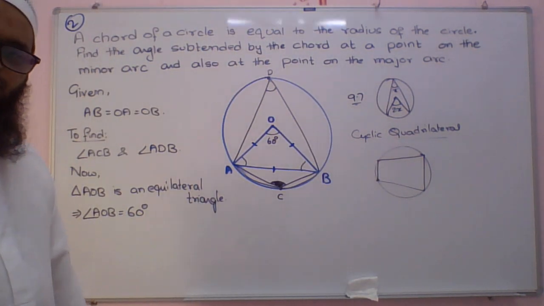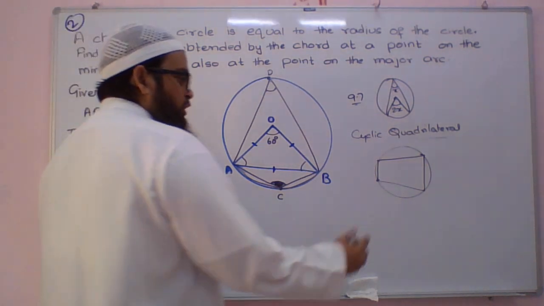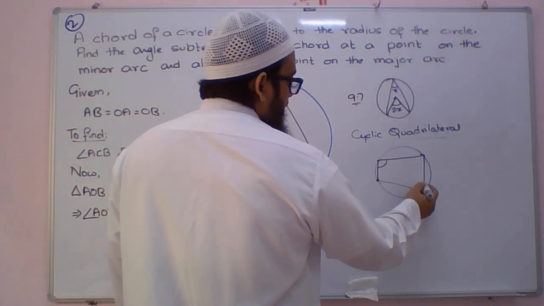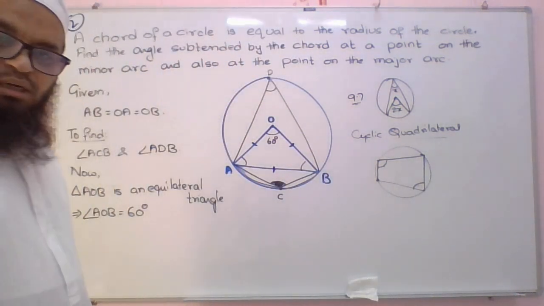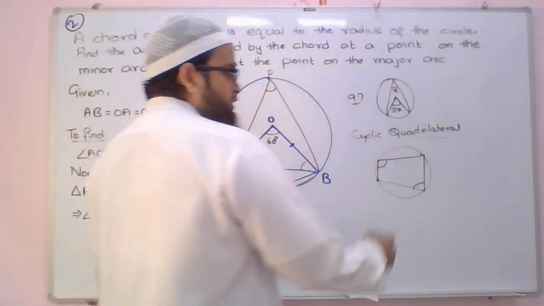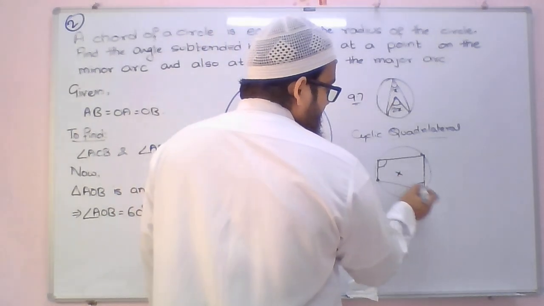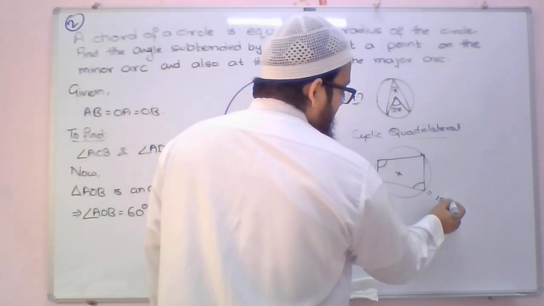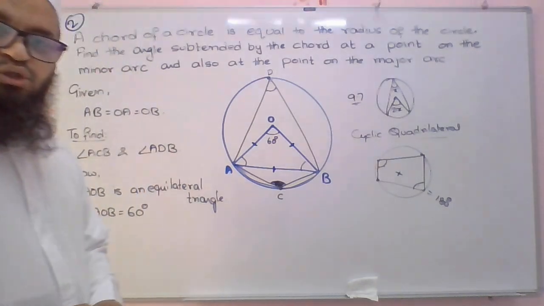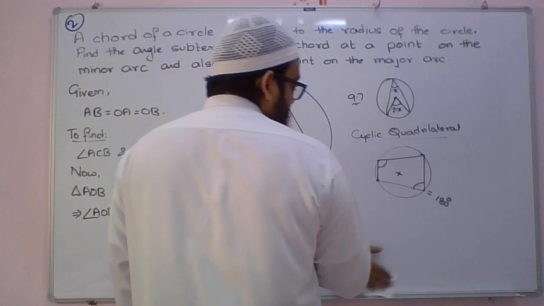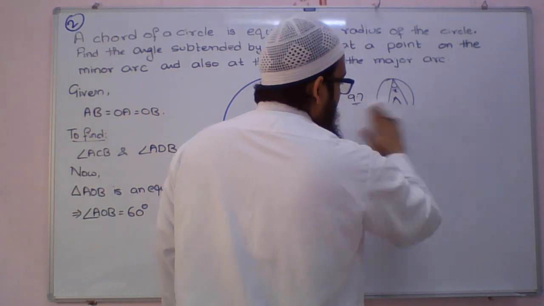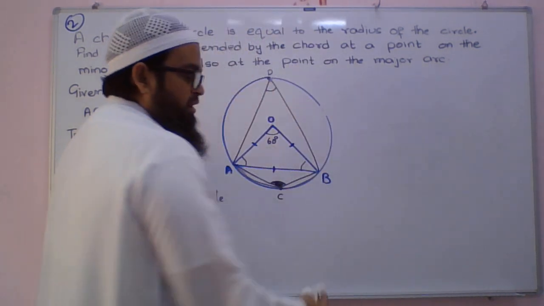And what is the property of a cyclic quadrilateral? Theorem 9.10: we have studied that the opposite angles of a cyclic quadrilateral are supplementary. This plus this is equal to 180 degrees. Is it right? So we are going to use these two. So you have to know about cyclic quadrilateral and theorem 9.7.